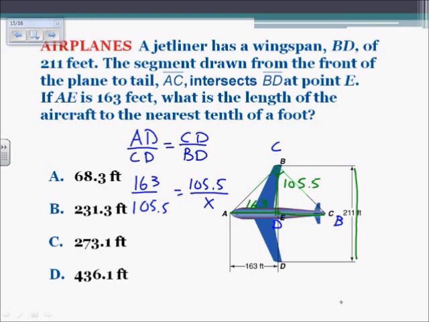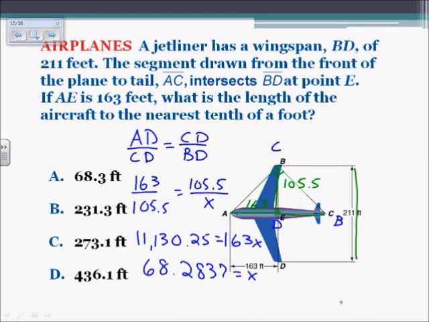Squaring, cross multiplying here, so we have 105.5 squared, which gives us 11,130.25, and that'll be equal to 163x. Divide 163 on both sides, and we're left with 68.2837 for x.